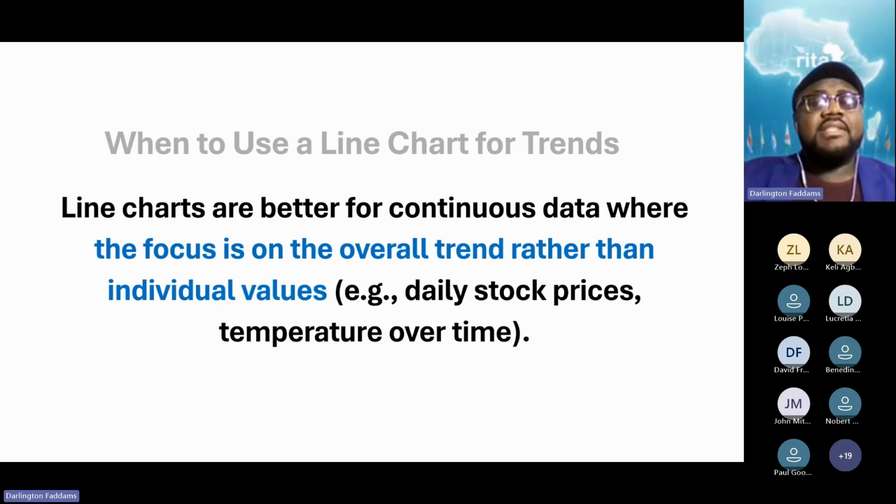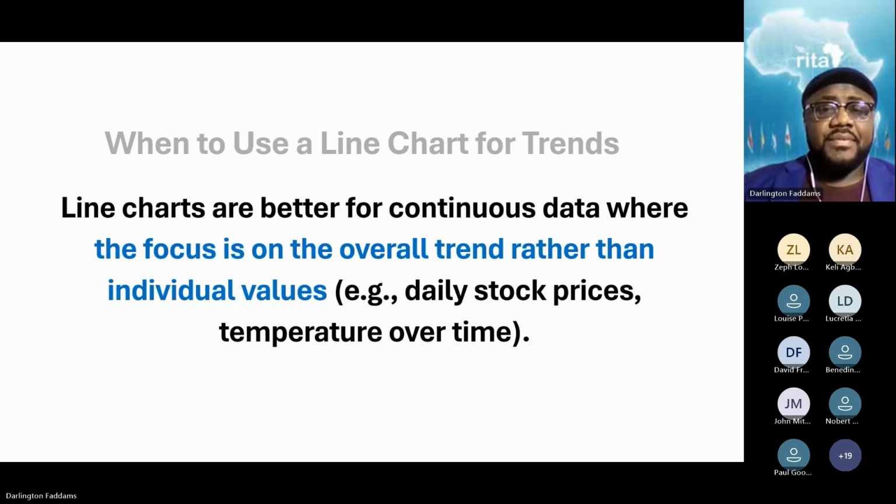Now, when to use line chart for trends? Line charts are better for continuous data when the focus is on the overall trend rather than the individual value. Number one, when the focus is on the trend rather than the individual values.